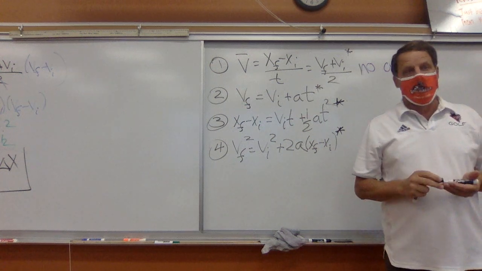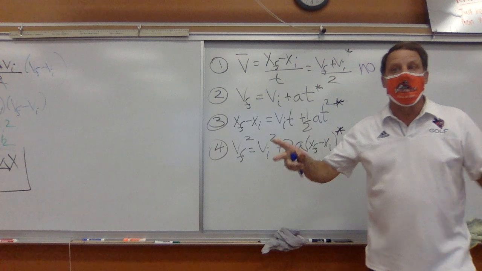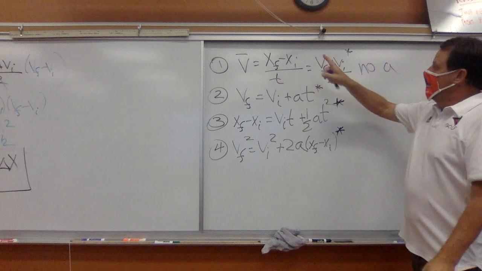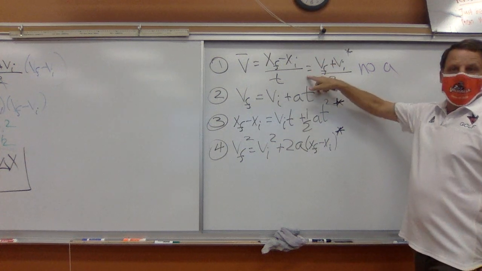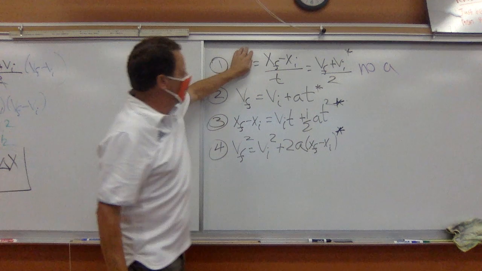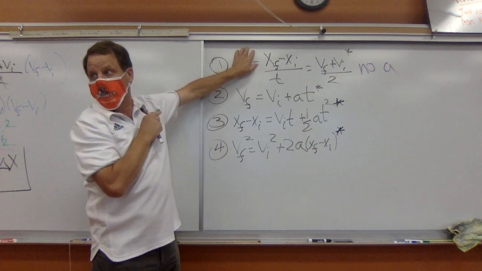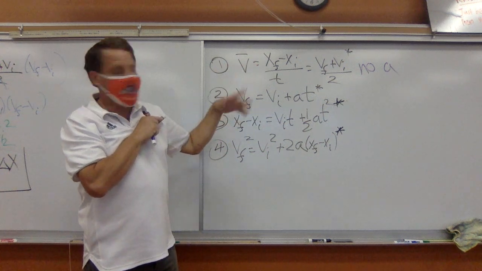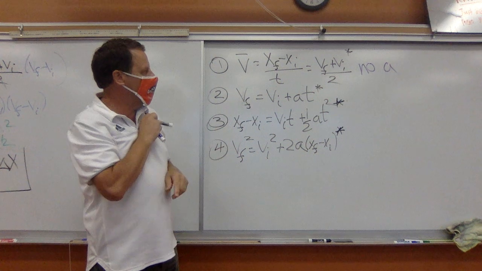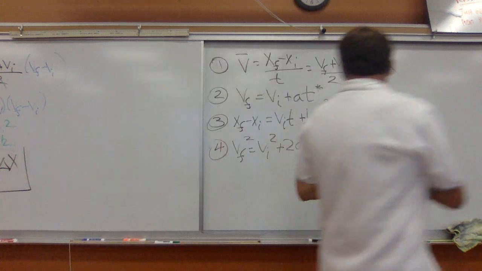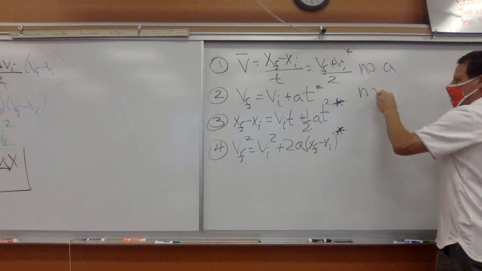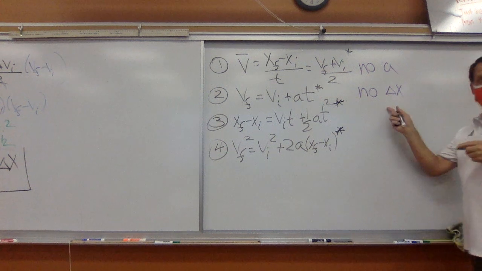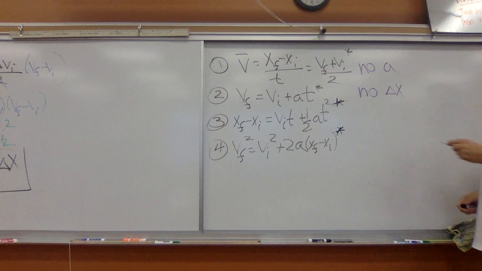So if you're reading a problem, and you know it's accelerating, but they don't give you the actual number or don't ask about it, then this might be the equation. And a lot of times you're just going to say that those two things are equal. Sometimes they're going to ask for the average velocity over those times, but a lot of times you're going to use that to solve one or the other. All right, so we can see here that in this case, there is no delta x in the second equation.